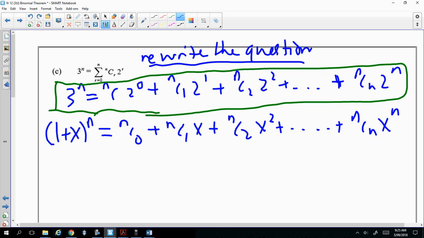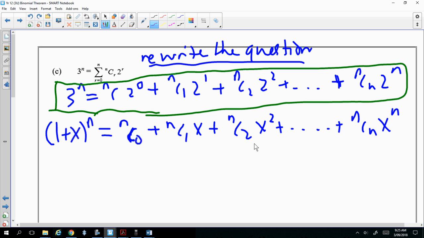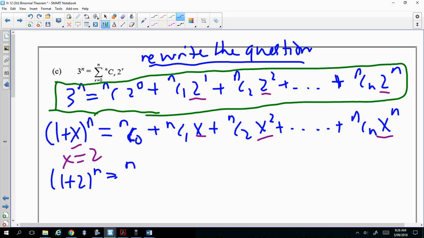And when you write it underneath, clearly you can see what to substitute into x, isn't it? What should x be? x must be 2. So you write x equal to 2. So you write (1 + 2) to the power n equal to nC0 plus nC1 2 plus nC2 2 squared plus ... nCn 2 to the power n.